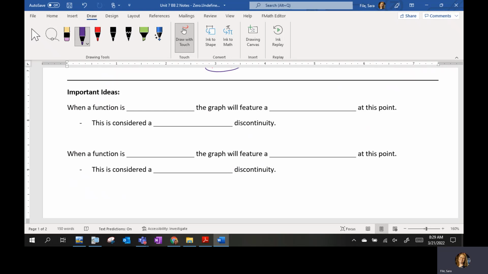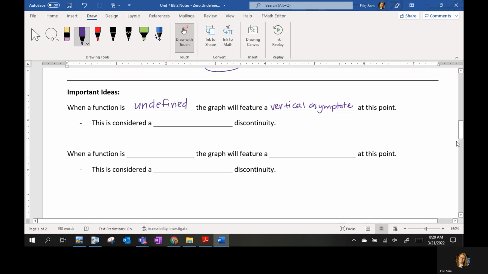So some important ideas we want to write down. When a function is undefined, okay, that means that there will be a vertical asymptote at that point, okay?